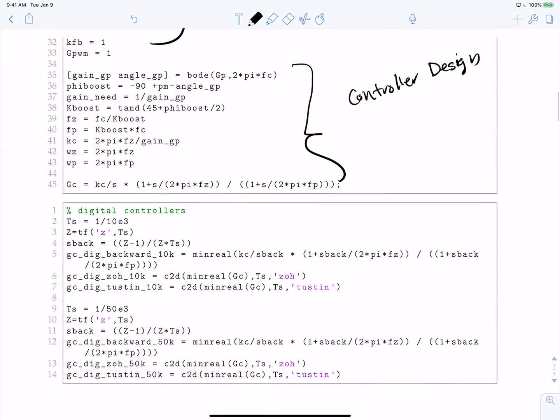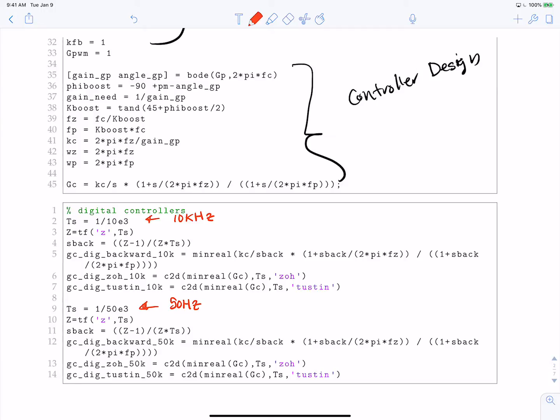Now we have a next block of MATLAB code, and what we're going to do is convert this continuous time controller to a digital controller, for 2 different sample times. Line 2 is setting TS to 10 kilohertz. This is one sample time, and line 9 is setting a different sample time, say 50 kilohertz.